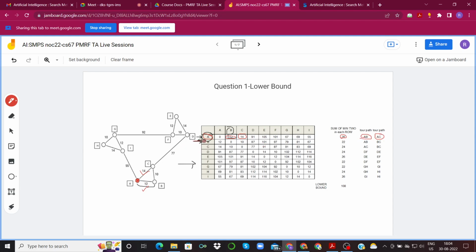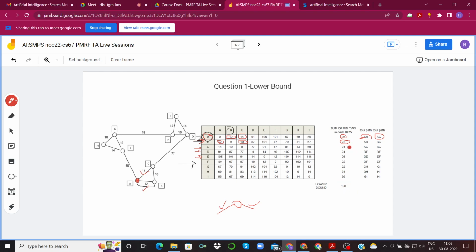Similarly, for the second row, we'll find the minimum two values, which are 12 and 10, so 22. We'll do that for each of these rows. So in essence, for every node we have the smallest two edges connected to it, right? This one and this one.